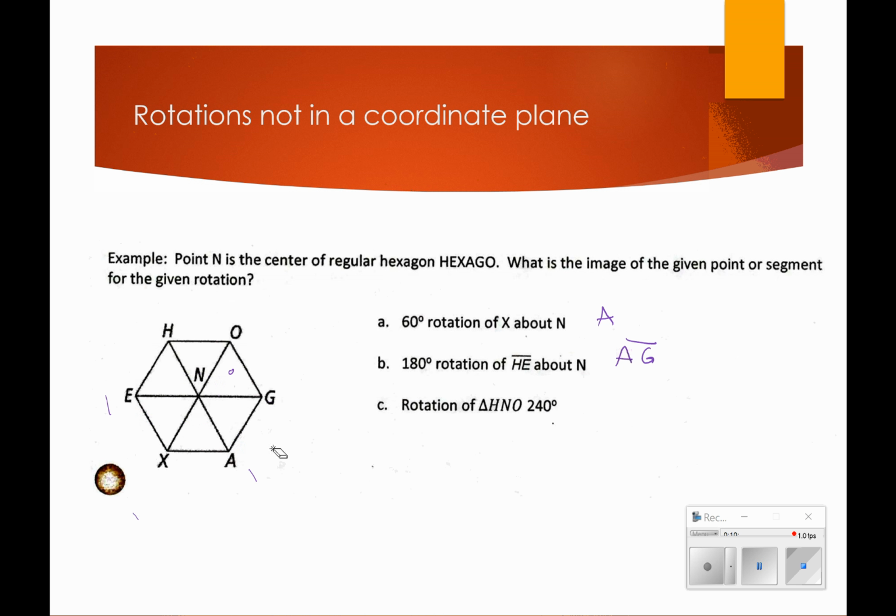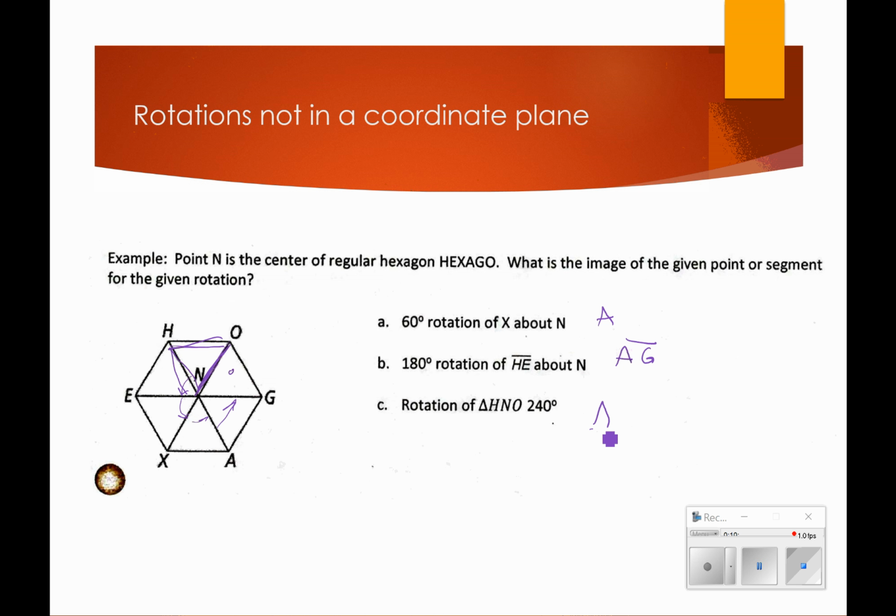All right, one last example with this. The rotation of HNO. So here is HNO and 240 degrees. So 240 divided by 60 is 4, so we're just going to make it 4 turns. So 1, 2, 3, 4. So that's going to be triangle.